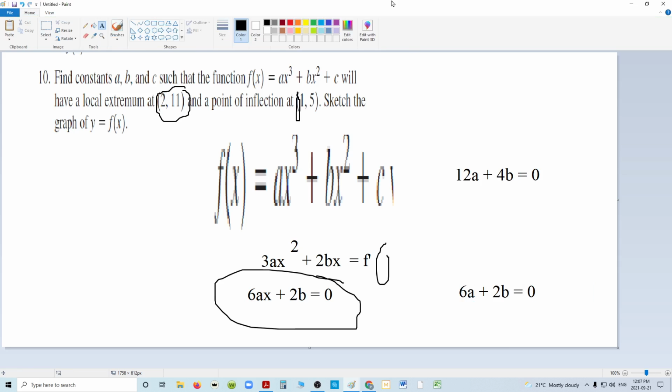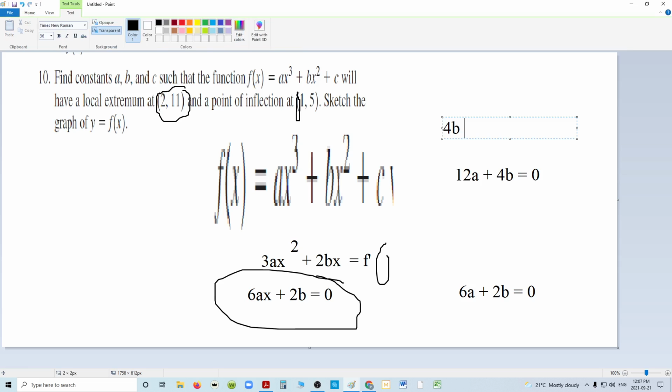You now have two formulas and two missing variables. So if I rephrase this, I get 4b is equal to negative 12a. When I divide both sides by 4, I get b is negative 3a.